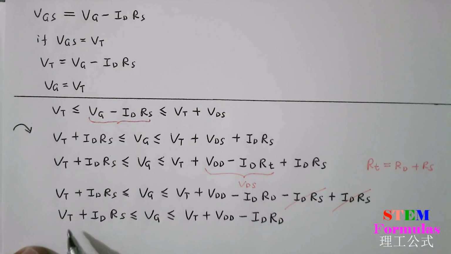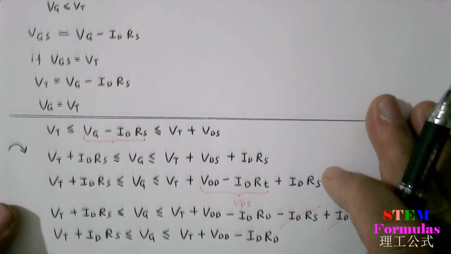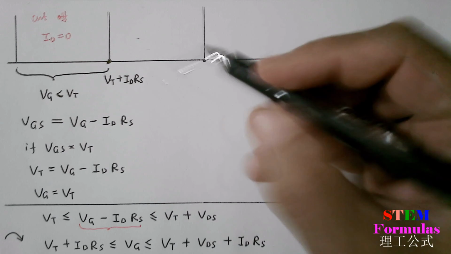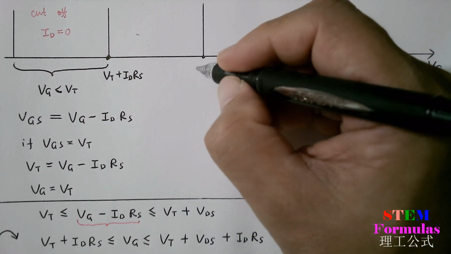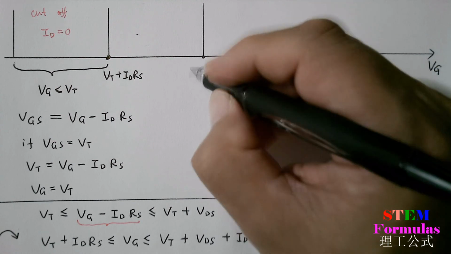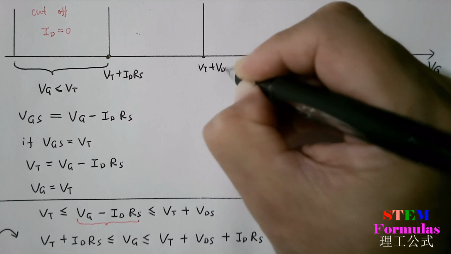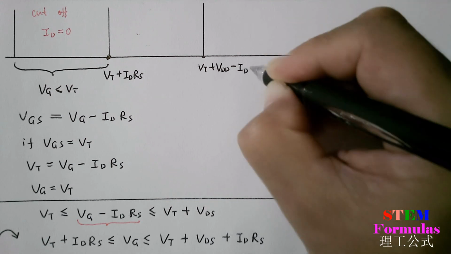So once I have this equation, I can put this quantity, VT plus ID RS, and this quantity, VT plus VDD minus ID RD, on here.